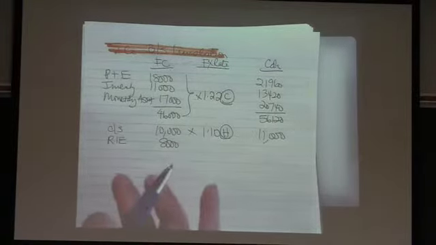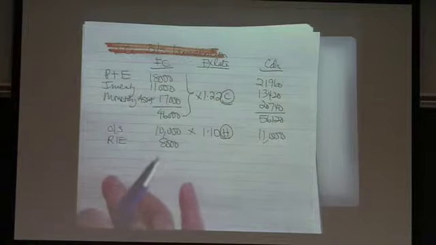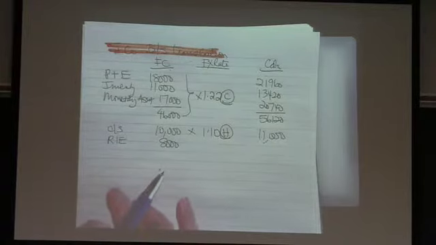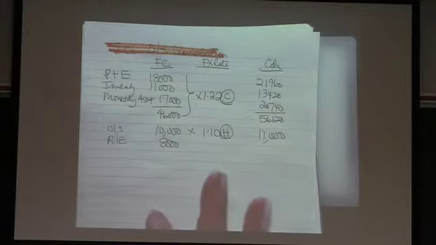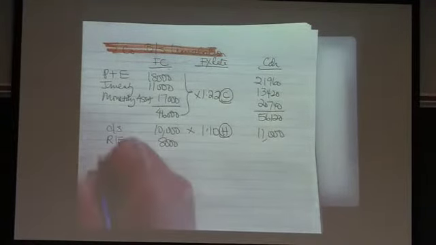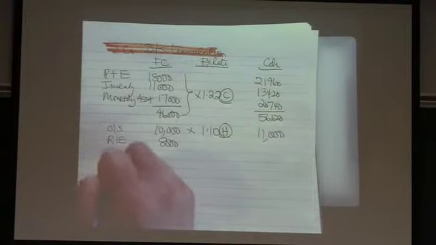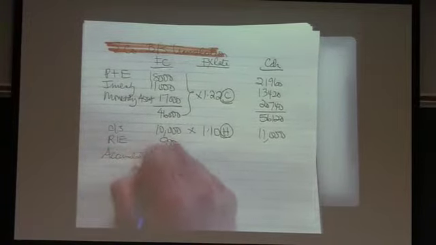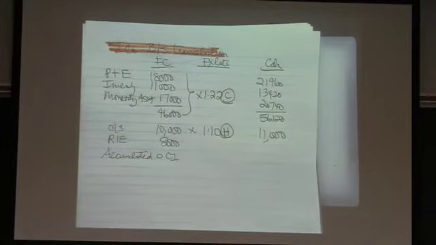The retained earnings, did we already calculate the retained earnings? Not yet, but we're going to do that next, the retained earnings calculation. Okay, so I'm going to leave that blank for a minute. I've got OCI, right? Accumulated OCI. How much is that cumulative OCI?